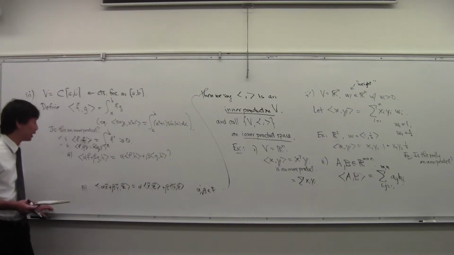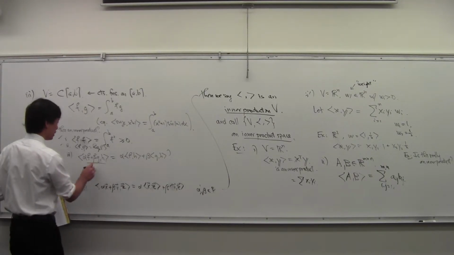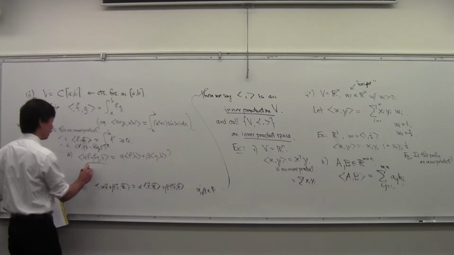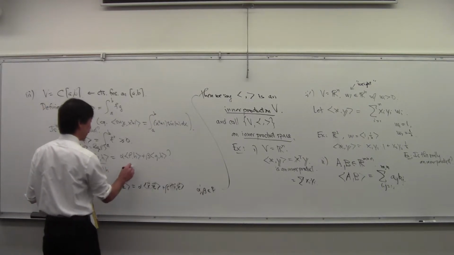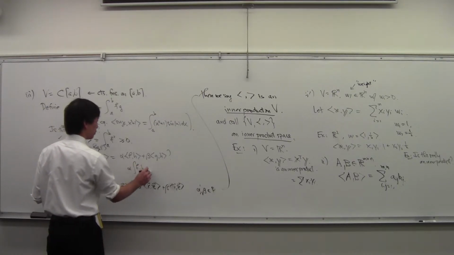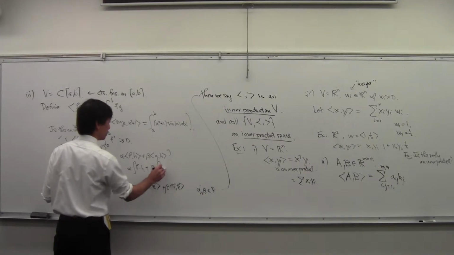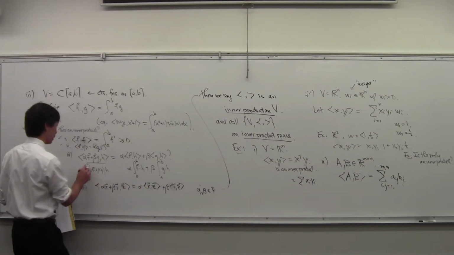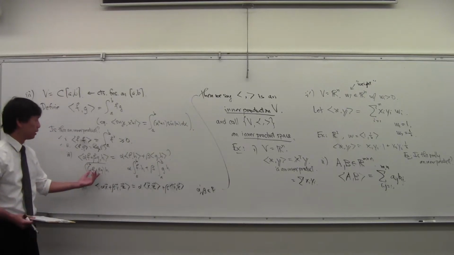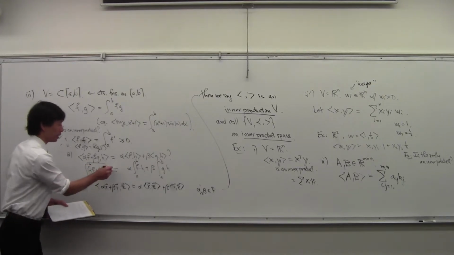Yes, absolutely, right? Because if you look at this, it's the integral of alpha f plus beta g against h, and this over here is alpha times the integral of f times h plus beta times the integral of g times h, everything from a to b. It's pretty clear that these are equal.